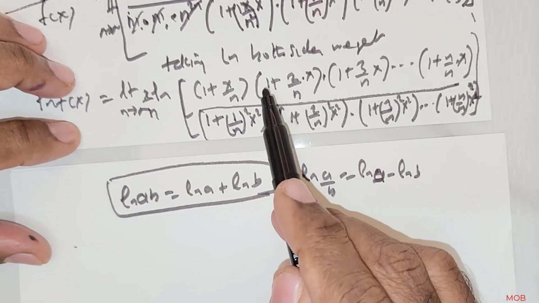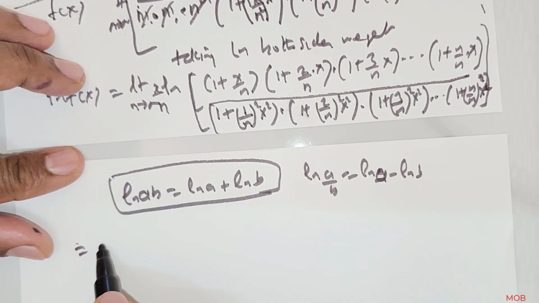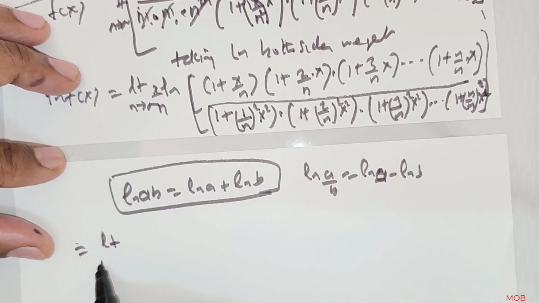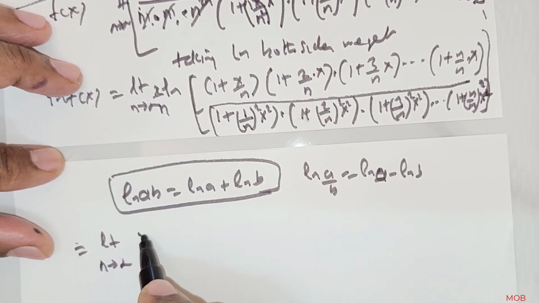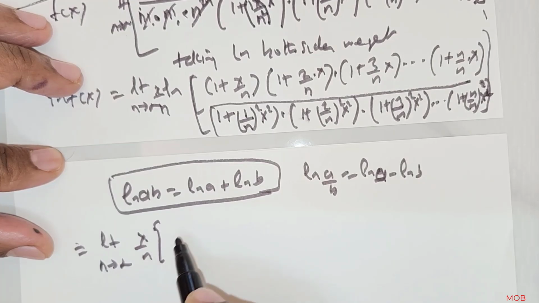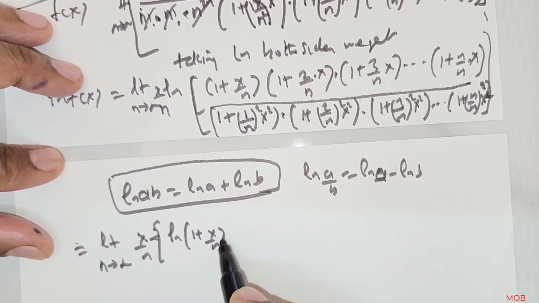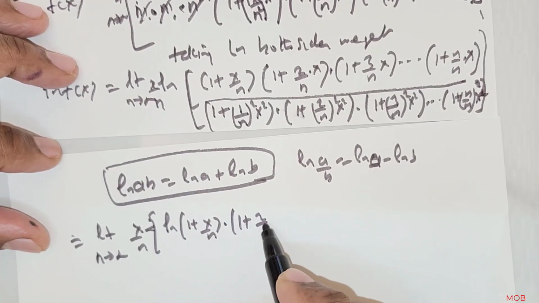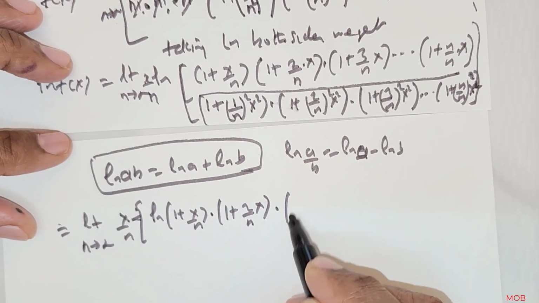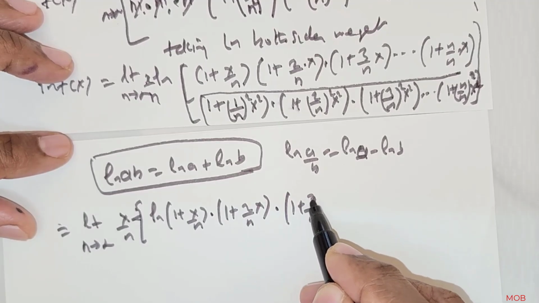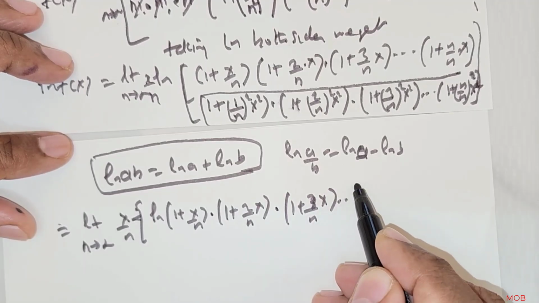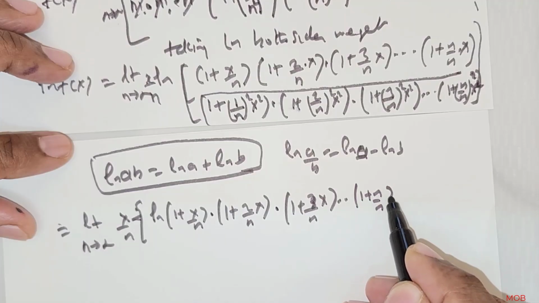So these two components, ln a minus ln b, I want to rewrite this as limit n tending to infinity x over n. So this is going to be ln of 1 plus x over n times 1 plus 2 over n times x times 1 plus 3 over n times x, etc. 1 plus n over n times x.